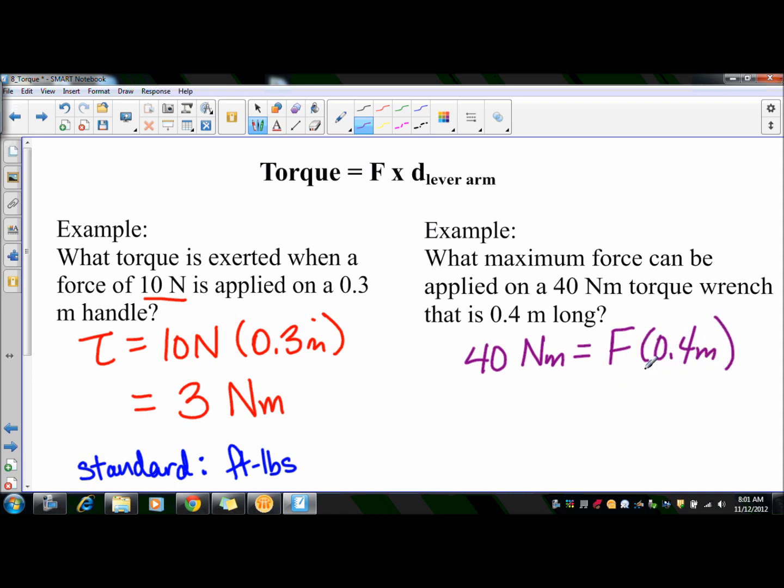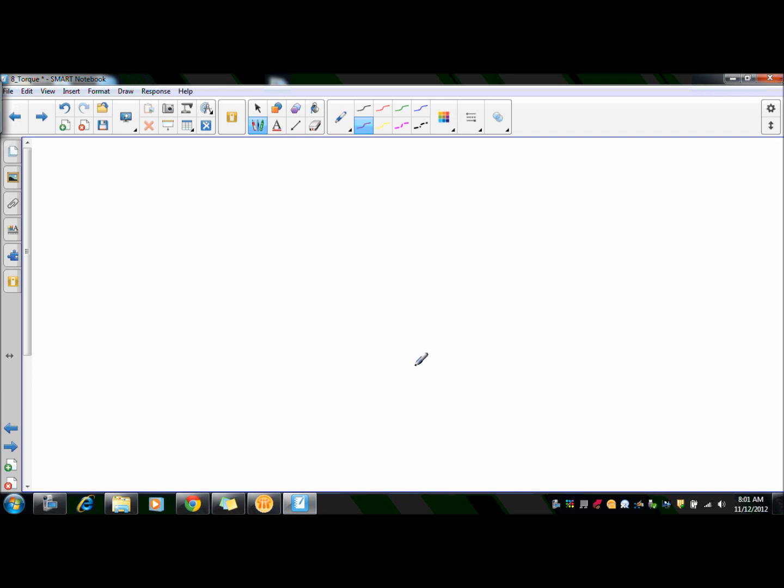So for this one, we're going to divide by 0.4, and we get a force of 100 newtons. So you can apply 100 newtons of force on this torque wrench. The other type of examples you're going to have to worry about are seesaw examples.